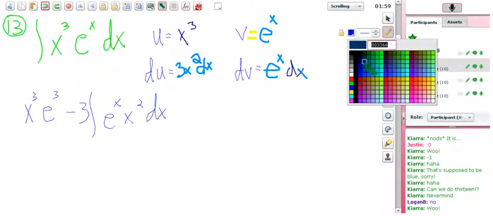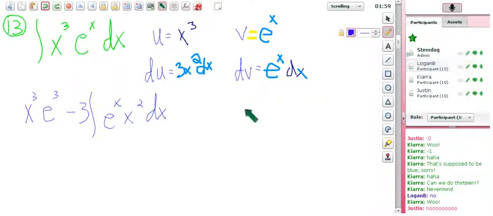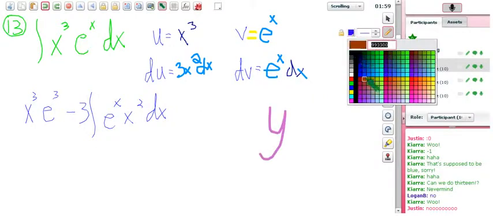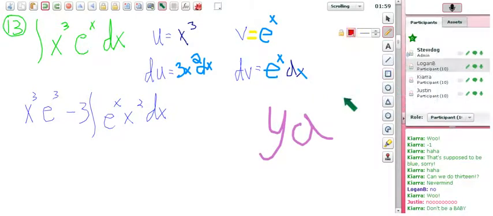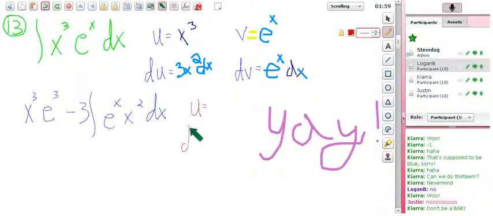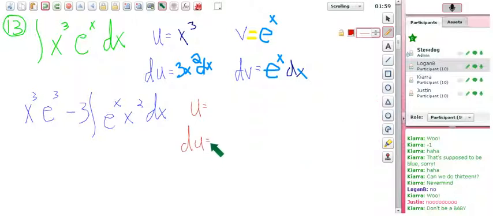So let's choose our first u's and dv's and so on. At least there's no fractions. Let's choose a dark red u. We'll have to choose dv and v.